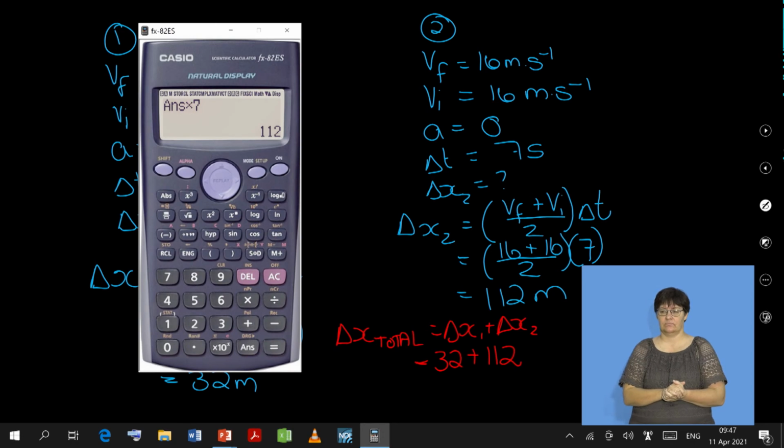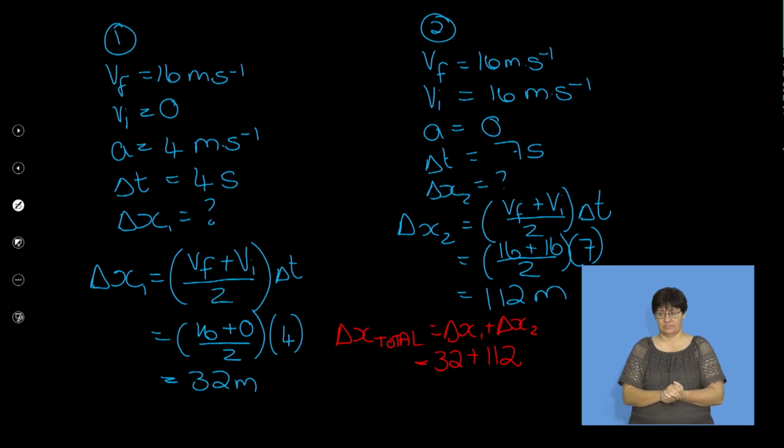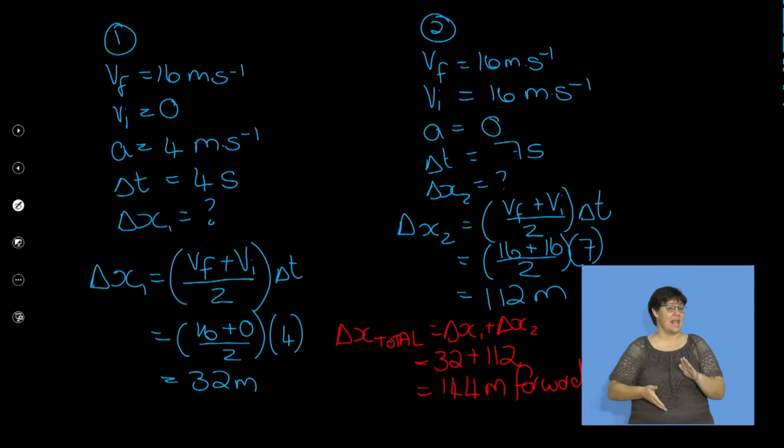And just to be on the safe side, we use our calculators, and we get 144 meters forward. Okay? Because the acceleration changed, I had to do it in 2 parts. Okay? Very, very, very important here.